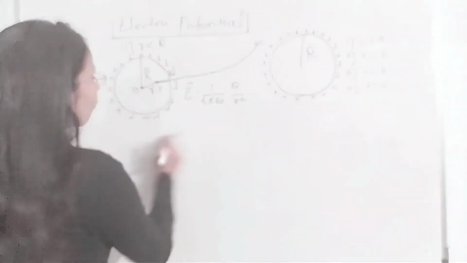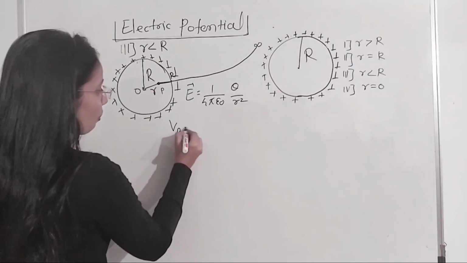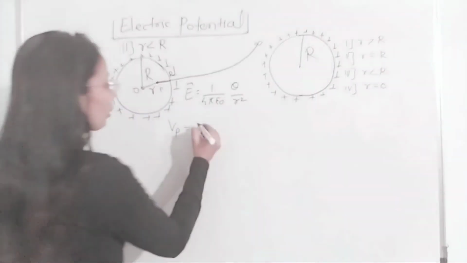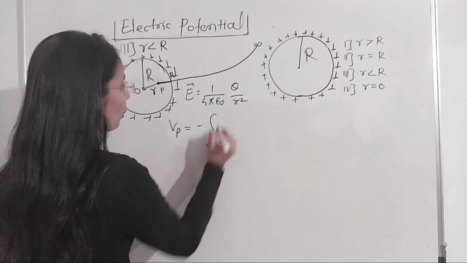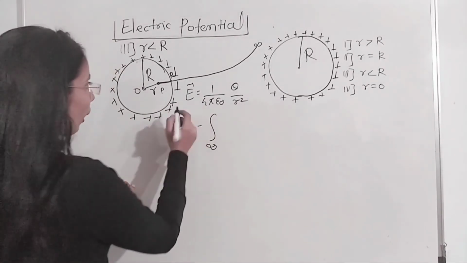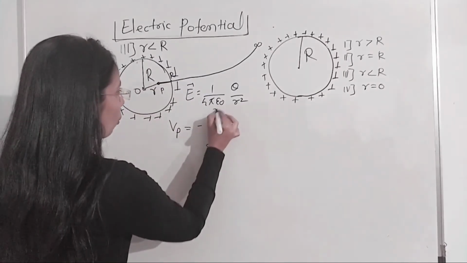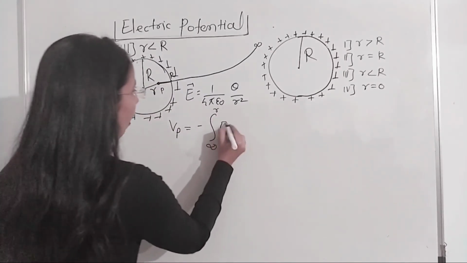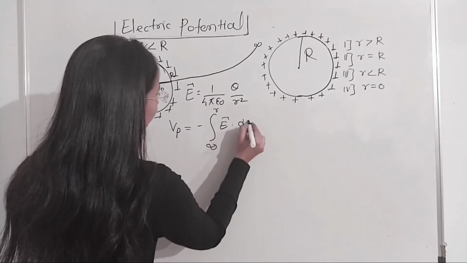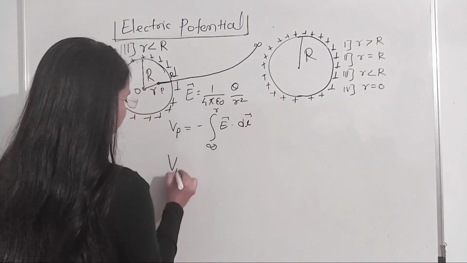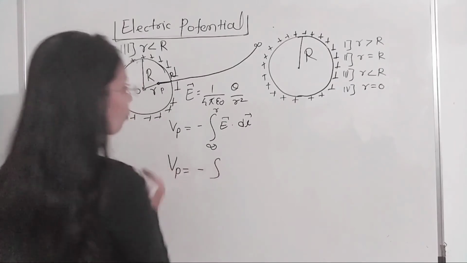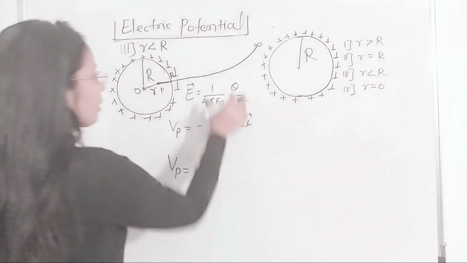So the formula for finding the electric potential is Vp equal to minus integral from infinity to that point. Suppose this is at a point r. So minus integral infinity to r of E dot dl. We have to put the value of this electric field.